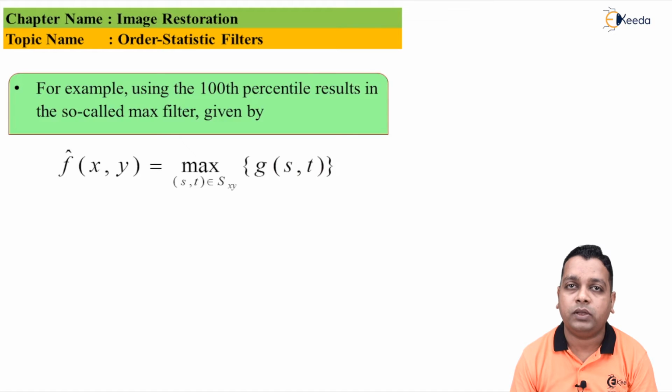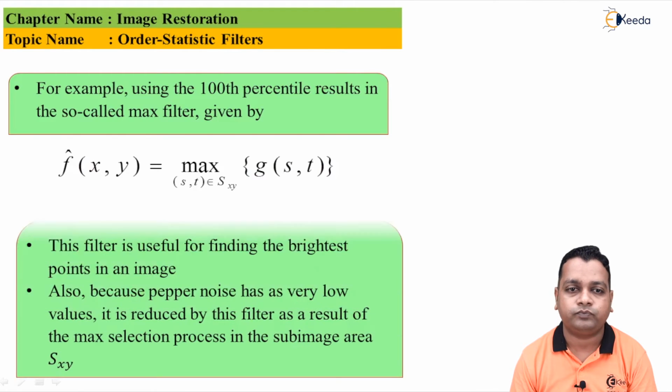It can be given a mathematical representation of the filtered image f cap of x comma y, computed by having the max operation with the variables s comma t belonging to the local neighborhood capital S suffix x y. This is operated over the image that has been degraded, represented as g of s comma t.